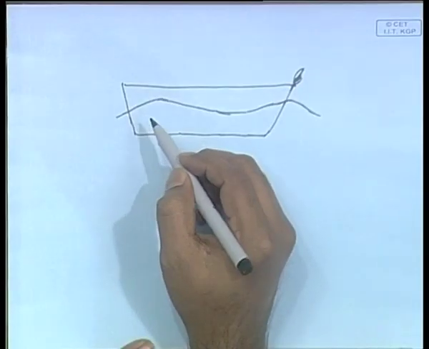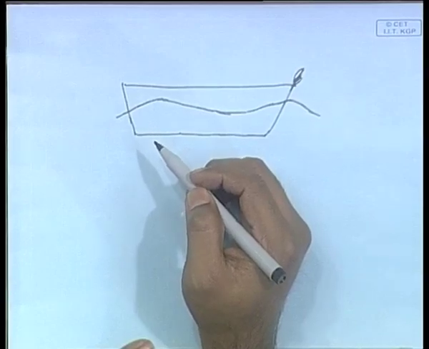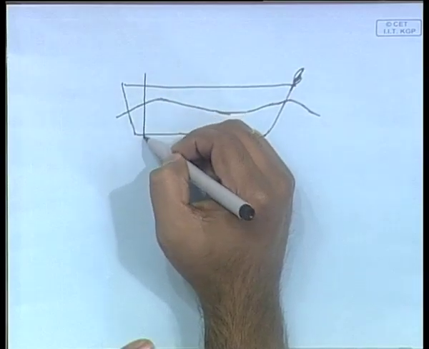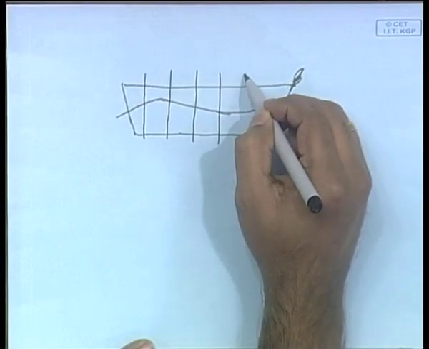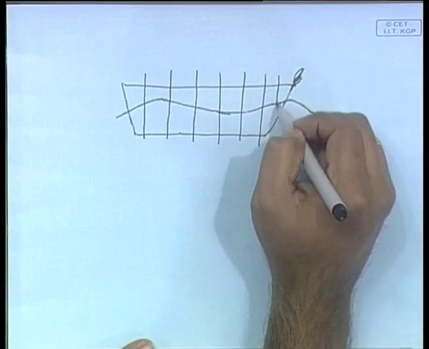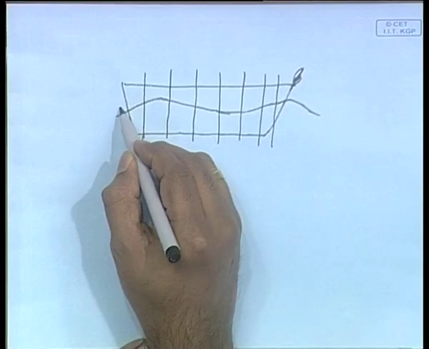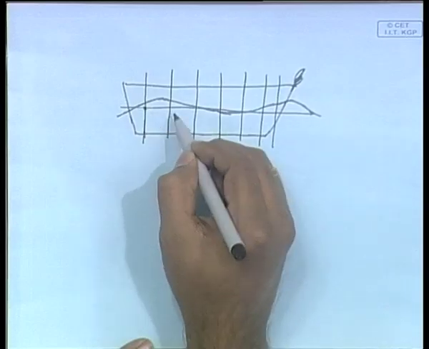Now, that means the volume of the ship at different stations under the water line will be different here as compared to a horizontal water line. So, if you consider these to be the stations, in case of a horizontal water line, the draft is the same everywhere.